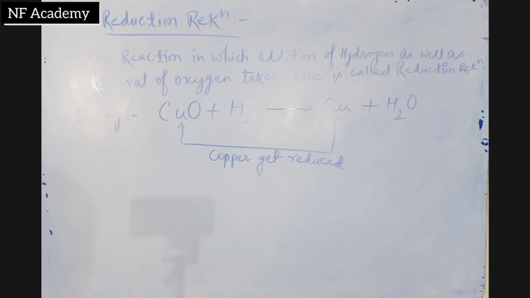Copper gets reduced from copper oxide during the reaction, and hydrogen in the reactant side now becomes water, which gets oxidized. Is it clear to you all? So this is the reduction reaction.